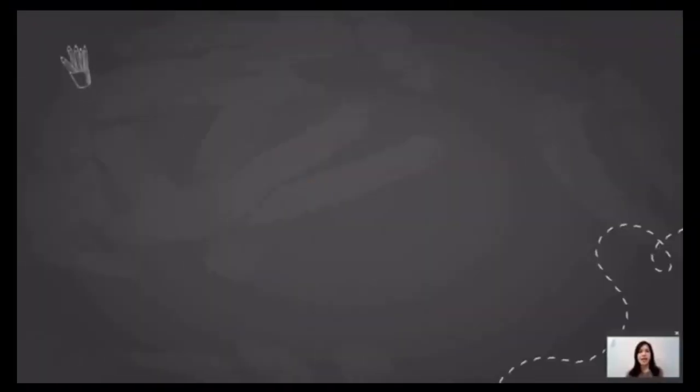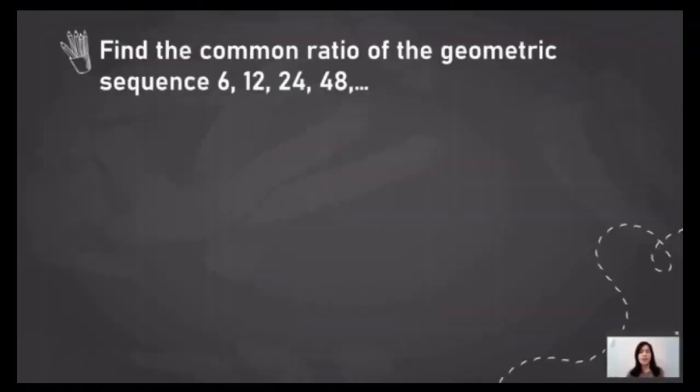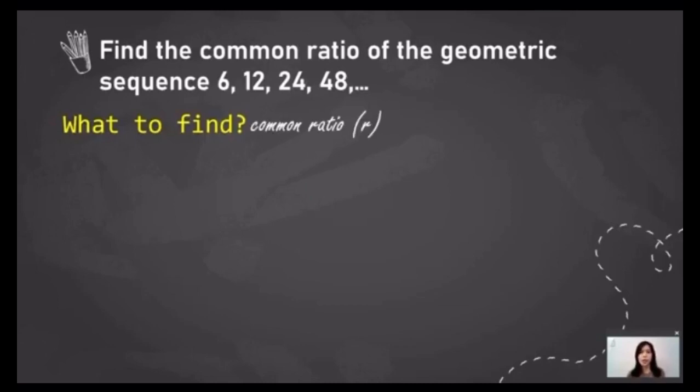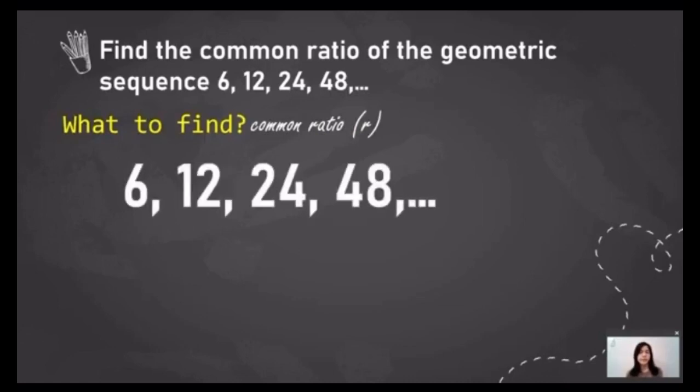Let's try answering some examples. Find the common ratio of the geometric sequence 6, 12, 24, 48. We are asked to find the common ratio or r. In finding the common ratio, again, we have to divide a term by its preceding term.